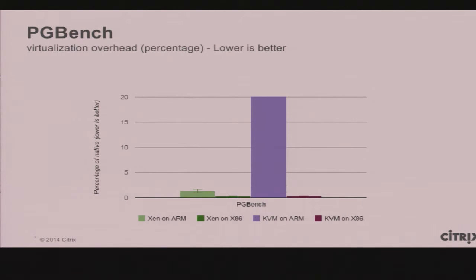PGBench is a Postgres database benchmark. Xen on x86 and KVM on x86 are basically both 0 overhead here. Xen on ARM is about 1 or 2%, so it's doing all right. Again, KVM on ARM is not doing all right.